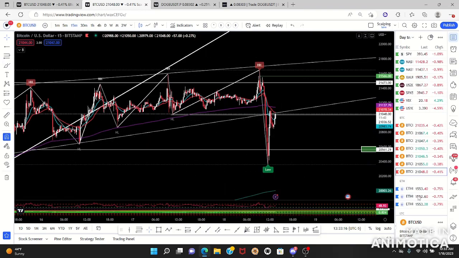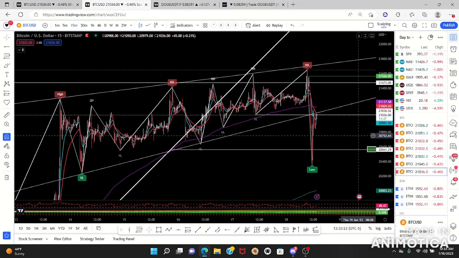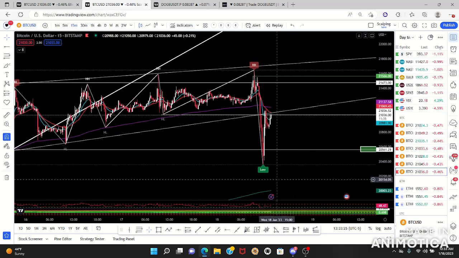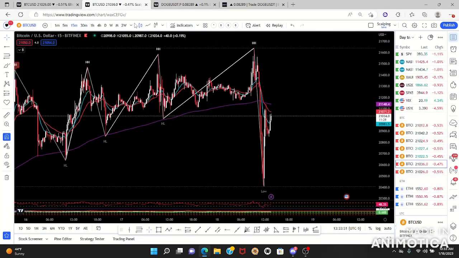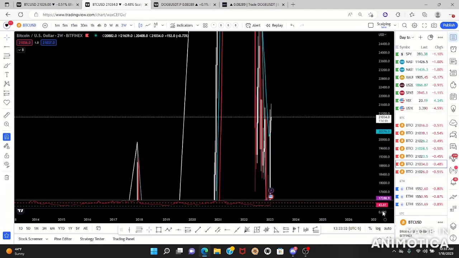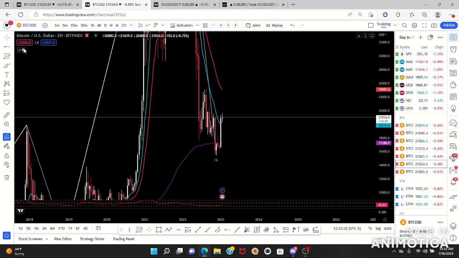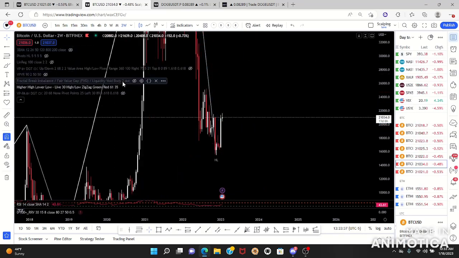Okay, so now that you know where we're at this time, let's go ahead and restart and reset, because once one pattern is broken, another pattern forms, and we want to see what's happening in the charts here. So, fresh chart, let's start off with the 2-week time frame. Erase all your indicators.